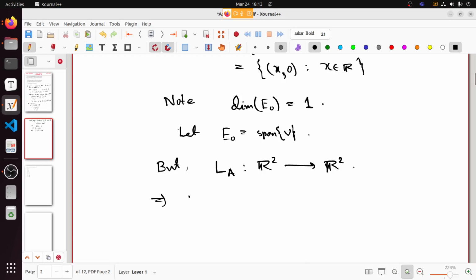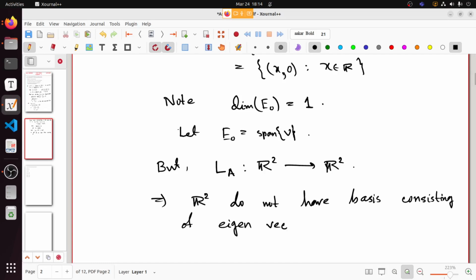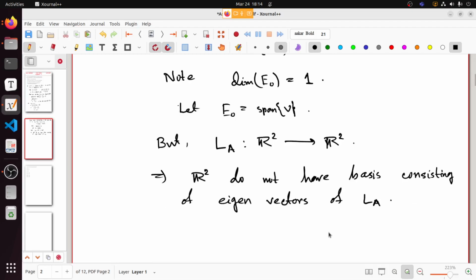Which implies L of A, or R2, does not have a basis consisting of eigenvectors of L of A. Right, so if the operator is diagonalizable, then V should have a basis consisting of eigenvectors of the operator.